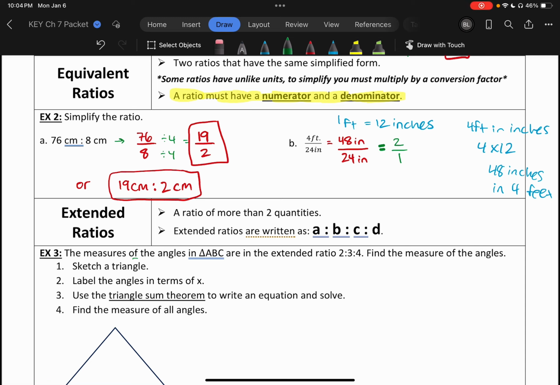If we were simplifying it the same way as before, essentially what we did here was divide by 24 on the top and bottom. So our simplified ratio here would be 2 over 1, or 2 inches to 1 inch. Okay.